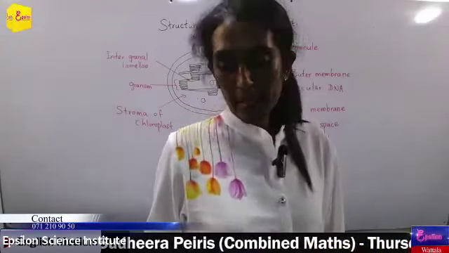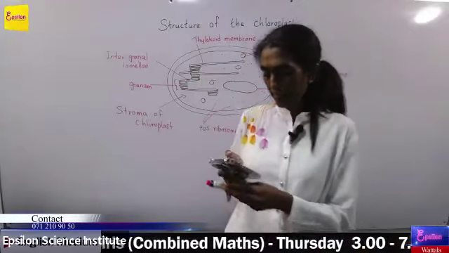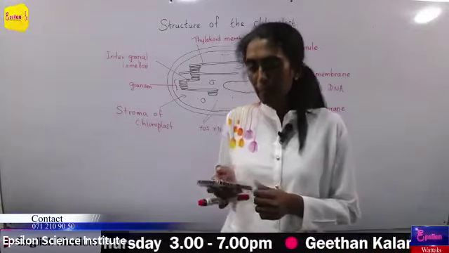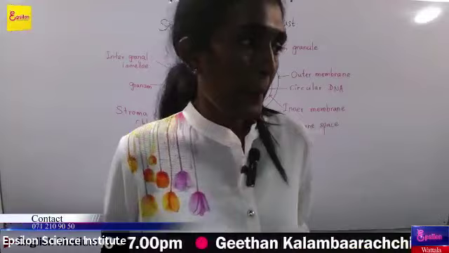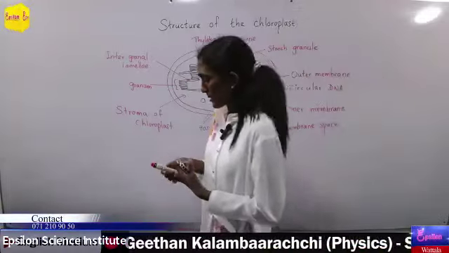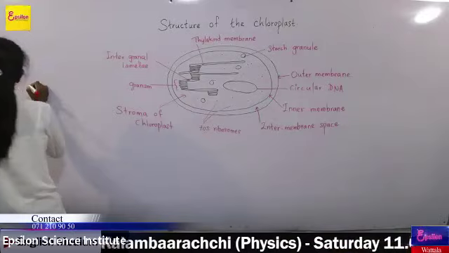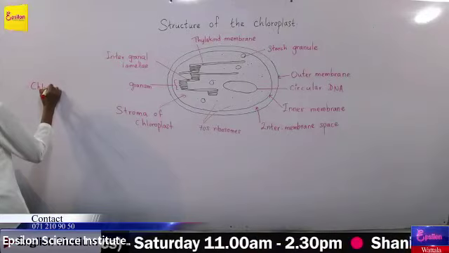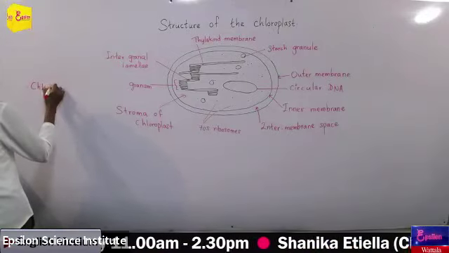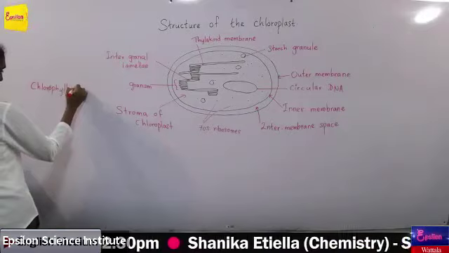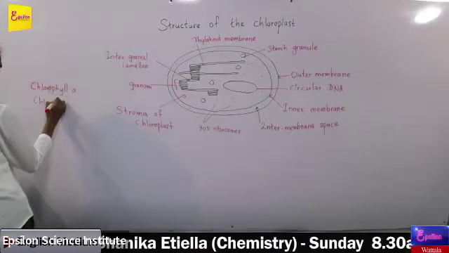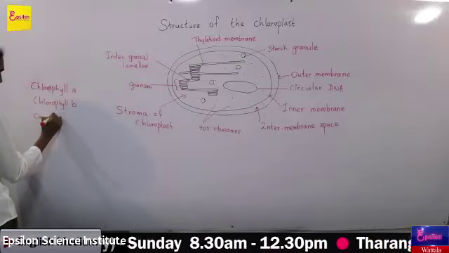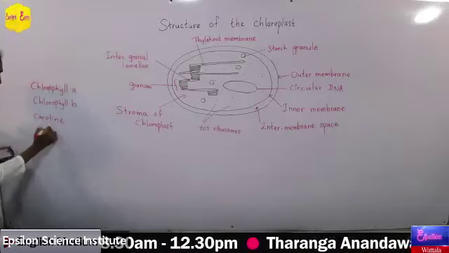Thylakoid membranes have pigment molecules such as chlorophyll A, chlorophyll B, carotene, and xanthophyll.